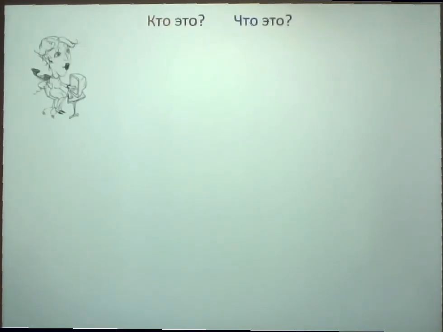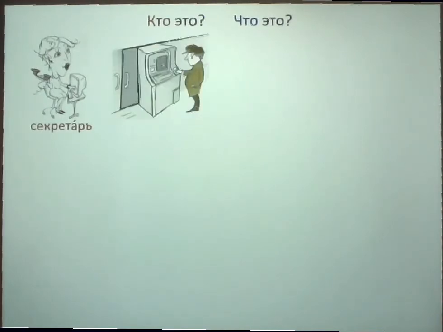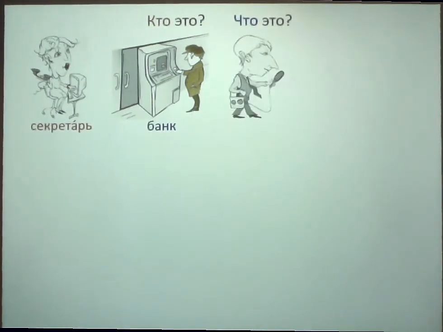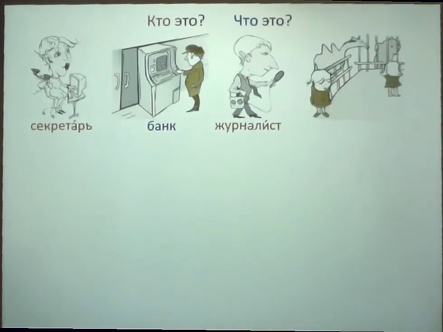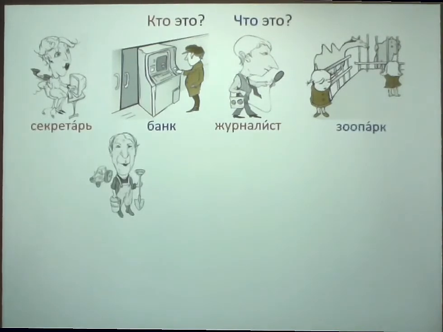Кто это? Это секретарь. Что это? Это банк. Кто это? Это журналист. Что это? Это зоопарк. Кто это? Это фермер. Кто это?